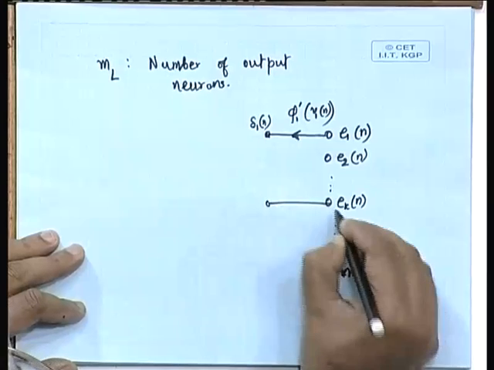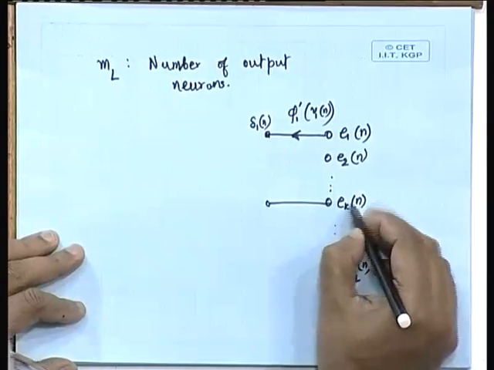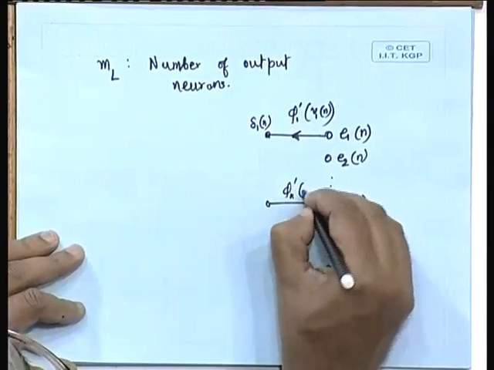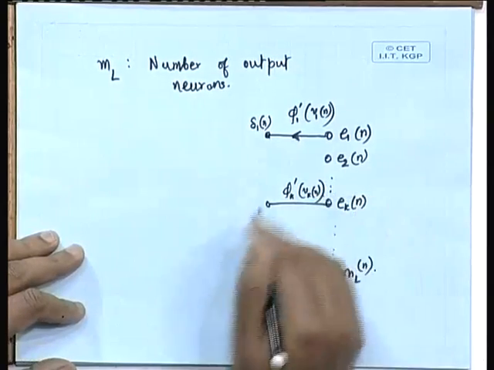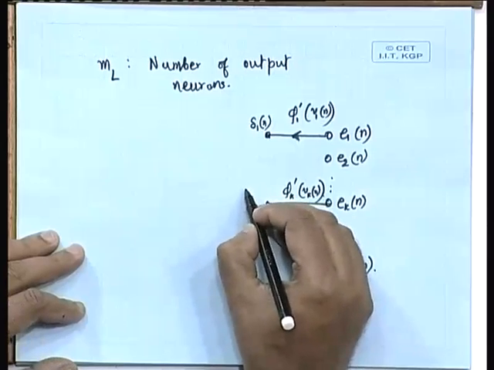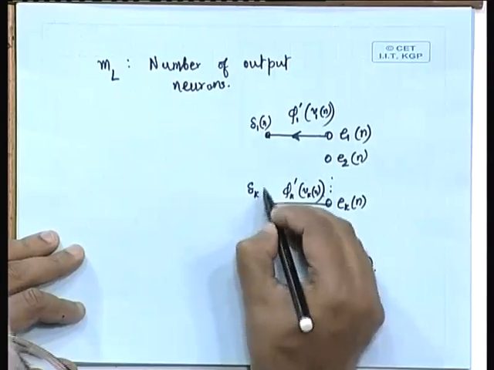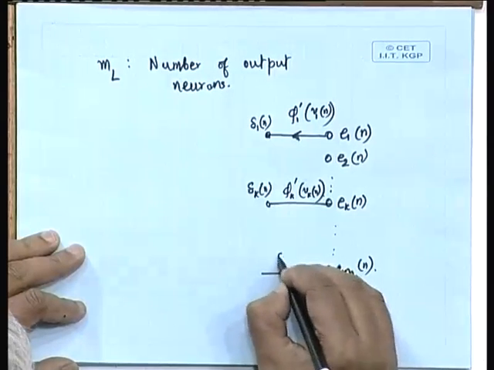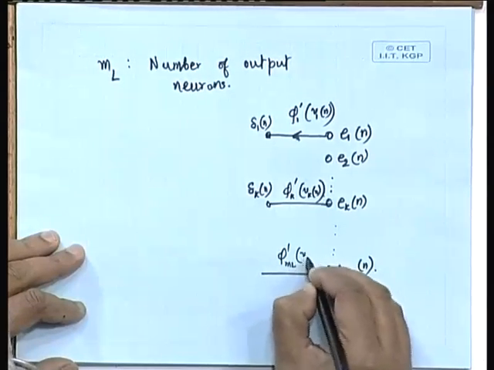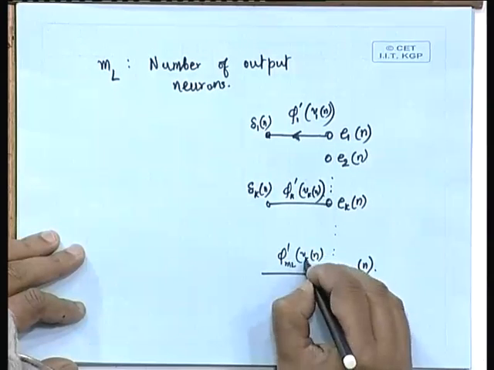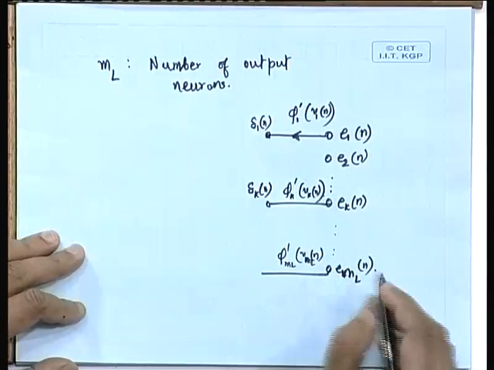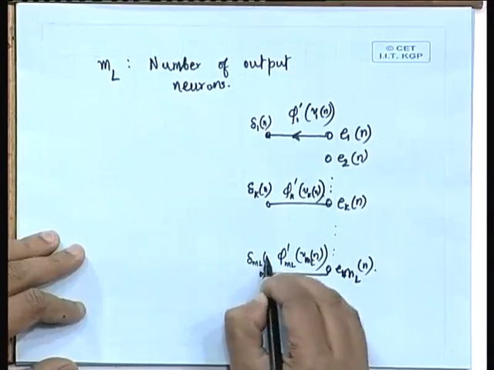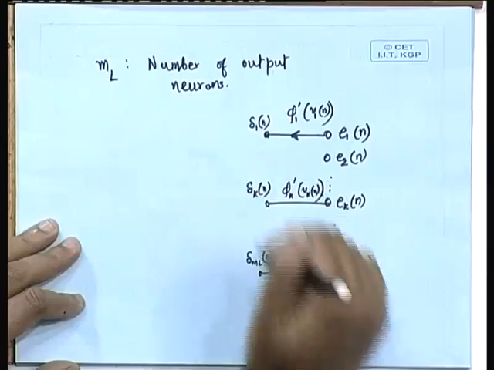Here EKN is the error term, and we are multiplying it by phi k dash VKN, and here we are getting delta Kn. The last term will be phi dash ml VMLN, and here we are getting delta MLN. So all these deltas are available now.